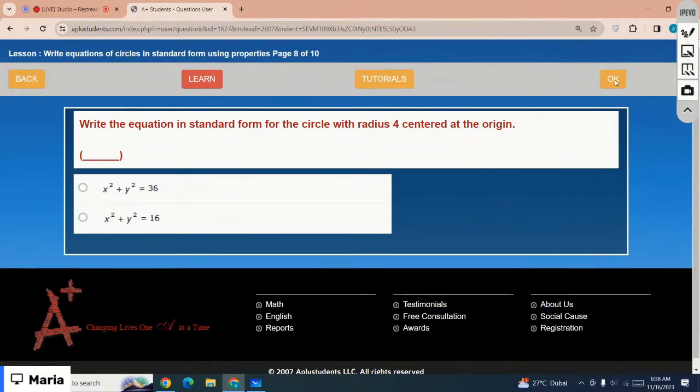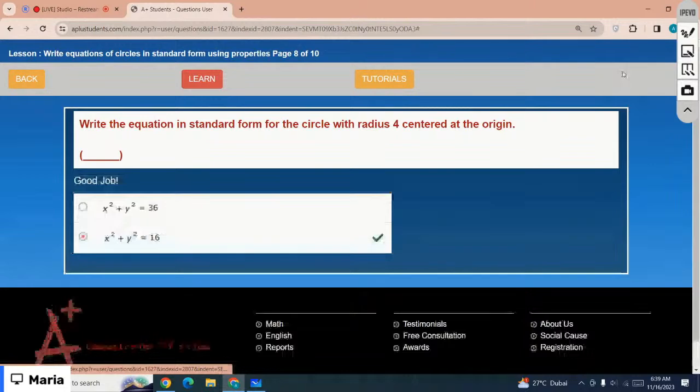Write the equation in standard form for the circle with radius 4 centered at the origin. So, which is the correct option? Yes, the correct option is x squared plus y squared equals 16.